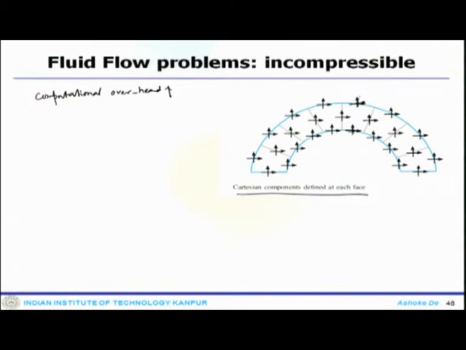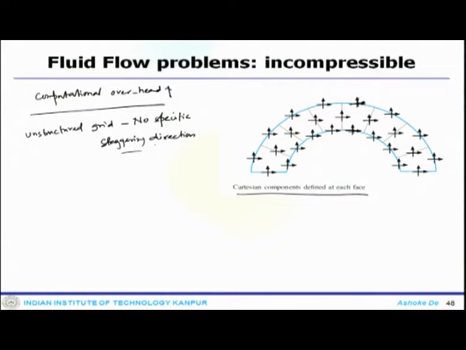Now, the problem is further complicated in the case of an unstructured grid. This is still a regular grid, but in a curvilinear system; when you have an unstructured grid, you get more problems. In the unstructured case, you do not have any specific staggering direction which can allow you to do that.